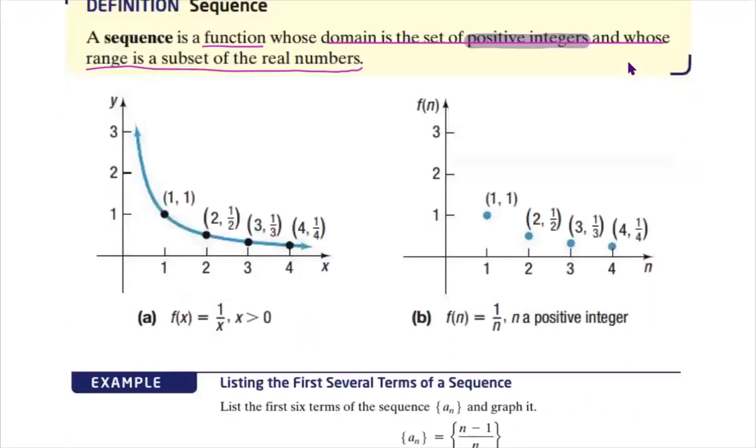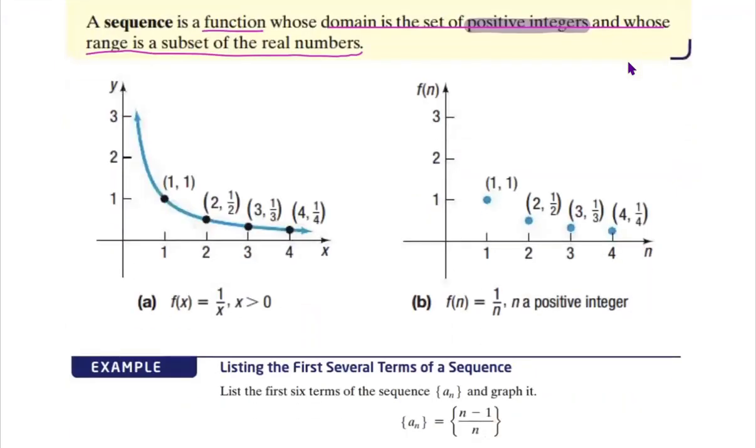Here's an example. We said it's a function. So if you have a function f of x equals 1 over x, if you graph it, it will be this line all the way through, and it's a continuous graph.